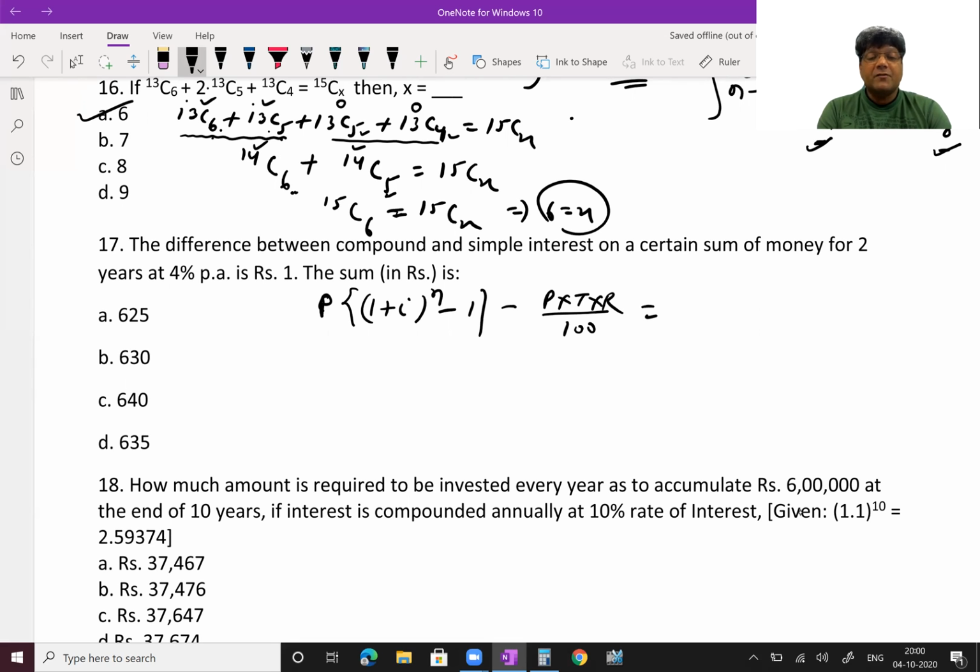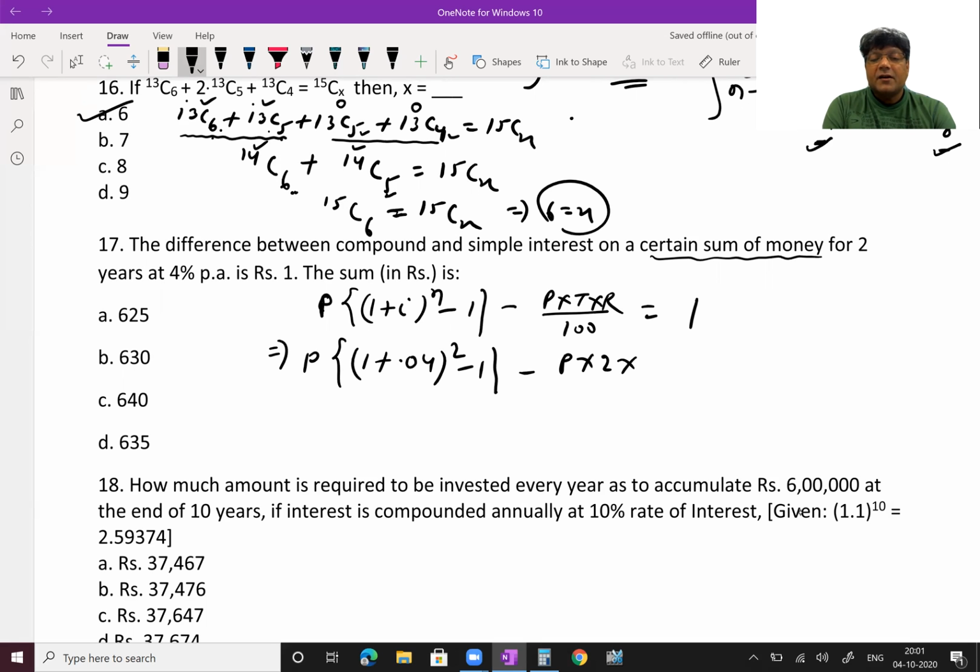is equal to how much? Given rupees 1. The difference between compound and simple interest on a certain sum of money is rupees 1. That means the principal is not given, so I will leave the principal as P. So it will be 1 plus i, where i is 0.04, n is 2 years, minus 1, minus principal P, time 2 years, rate 4%, divided by 100, is equal to 1.